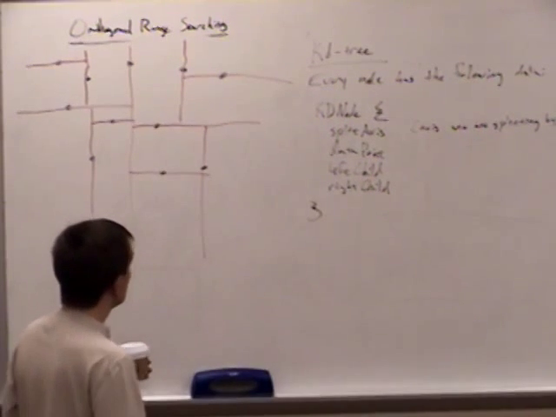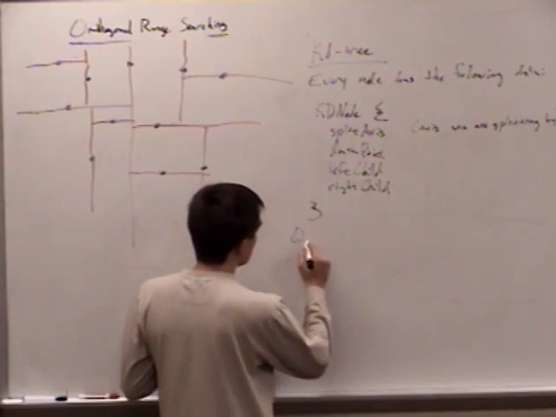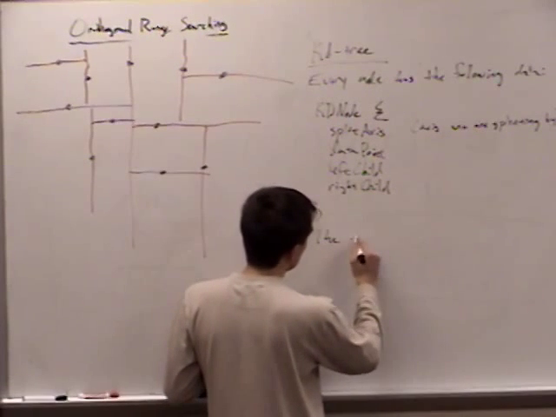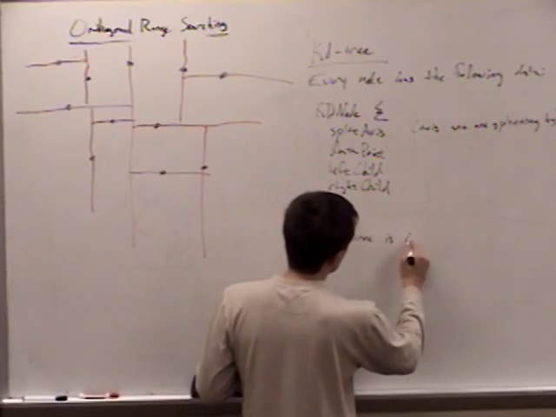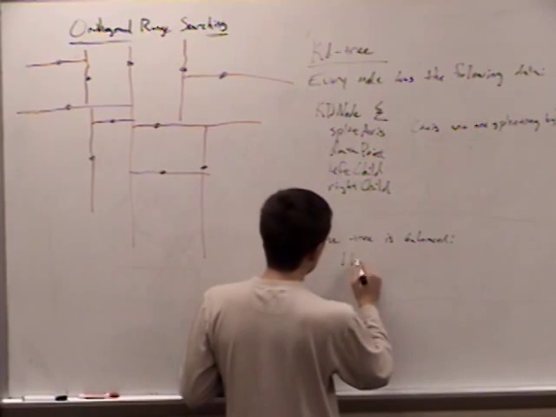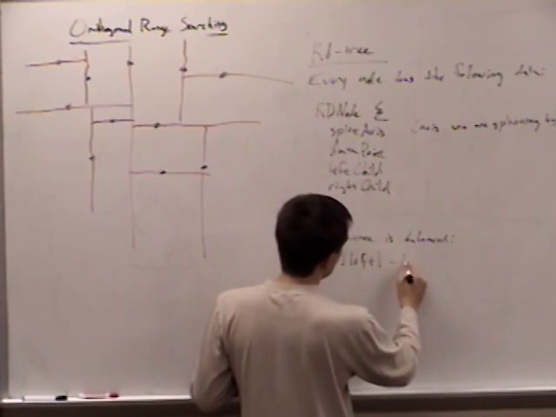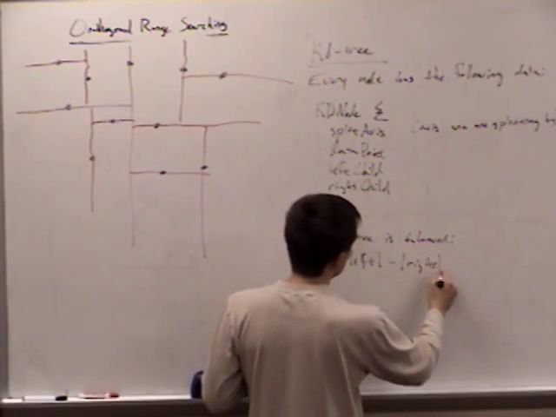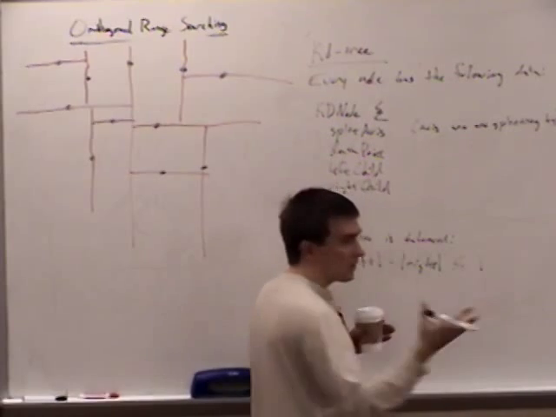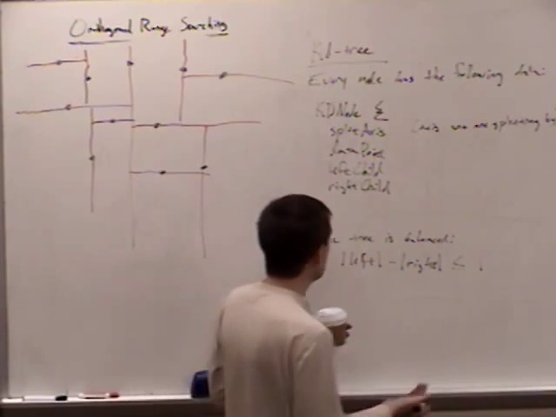All right, and so this tree has the following invariant, which is that it is balanced. This basically means that the size of the left tree minus the size of the right tree is at most 1. So there's at most one node difference in size when we unpack this whole thing.